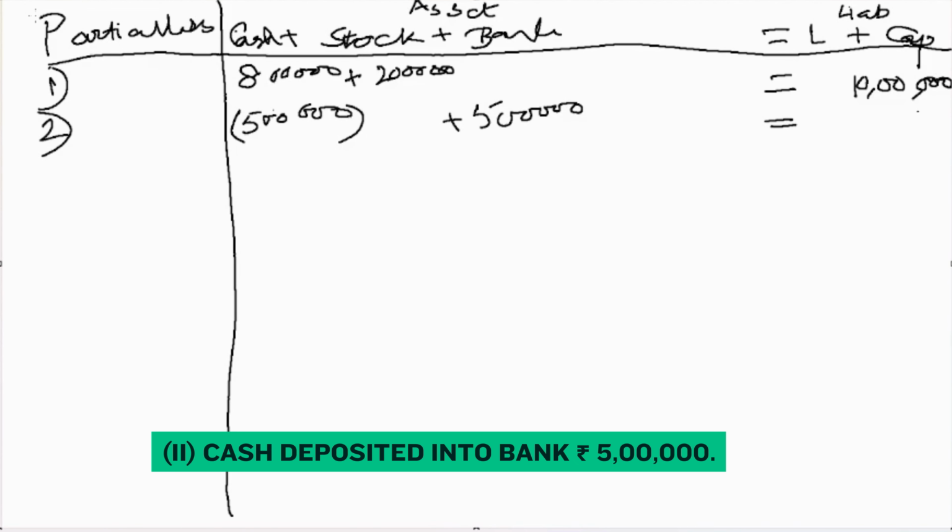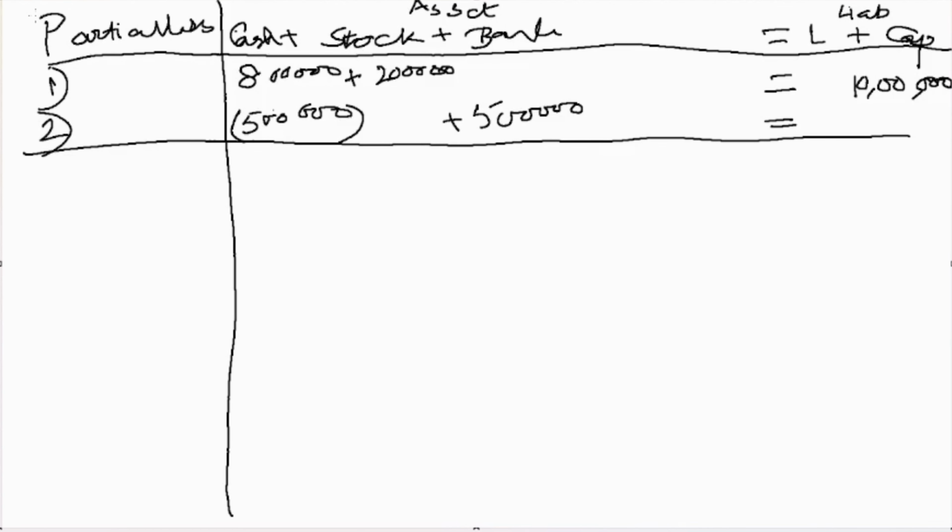Now after this, we are going to do a total. We are just going to draw a line over here in this way, and over here we will have a NE. In cash we have to add this, that is 8 lakhs minus 5 lakhs, that is 3 lakhs. Over here we are going to write 2 lakhs because it's 2 lakhs plus 0.